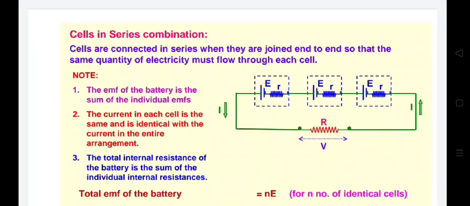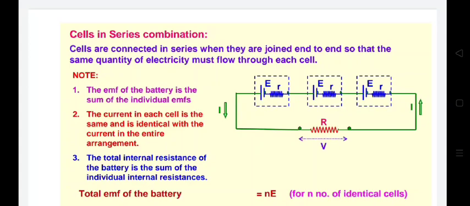Now, since all these cells are connected in series, and each cell has got an internal resistance small r, these internal resistances are also connected in series. So we find out the equivalent resistance of the internal resistances that are connected in series, that is equal to n into small r.